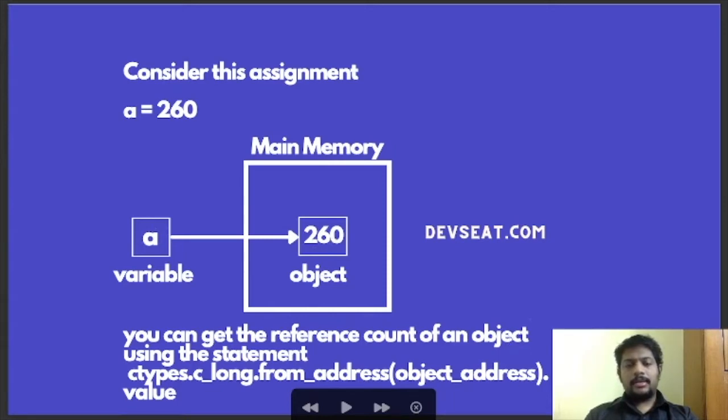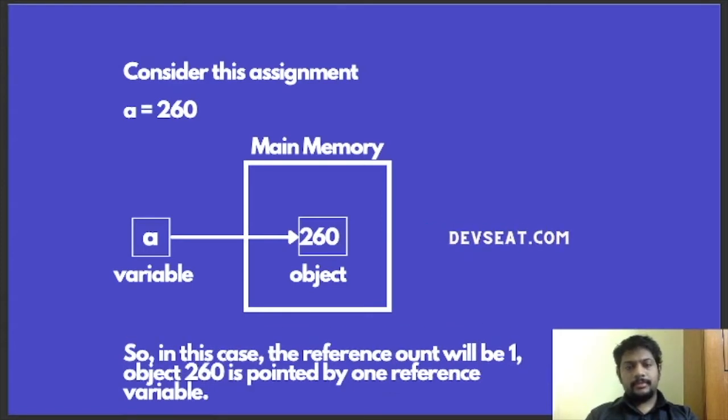Then you can pass that address to this function to get the reference count of that particular object in the memory. So what is the reference count of this particular object? It will be 1 because this object is pointed to by one reference variable.